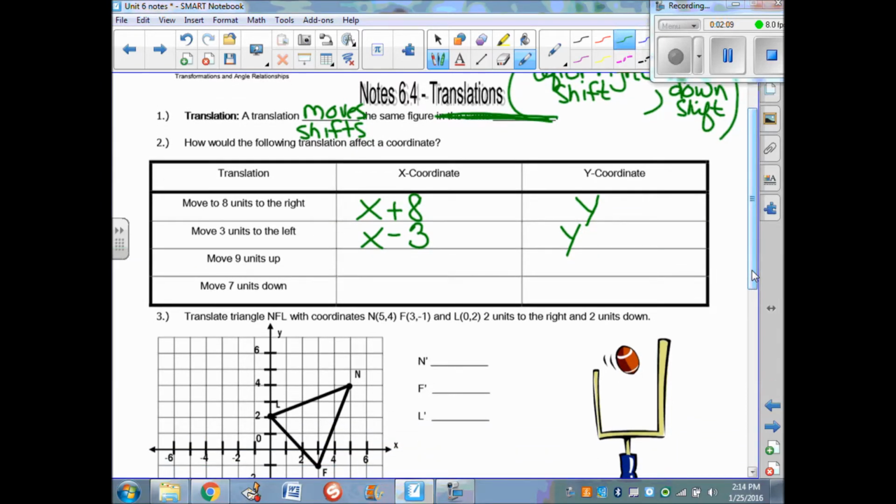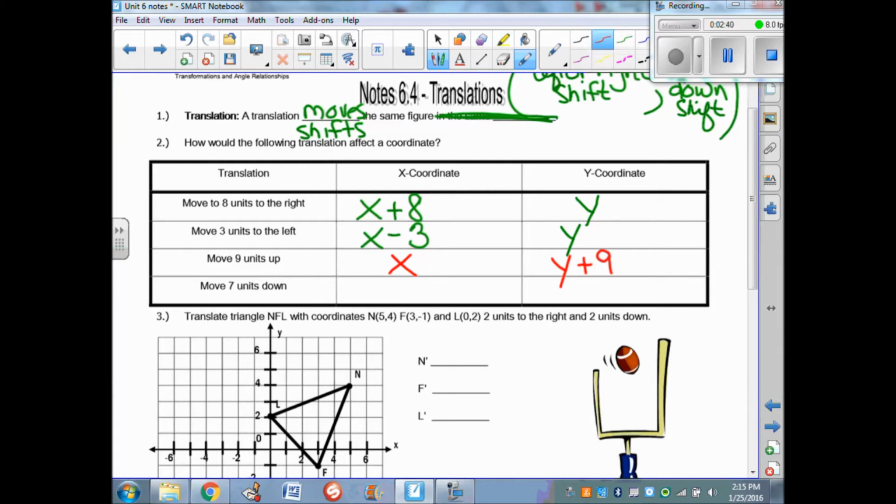What about if it said move 9 units up? Well, up or down movement means the Y coordinate is changed. If we're going up, we're adding 9 to the Y coordinate. It doesn't say that there's any left or right movement, so we keep X the same.